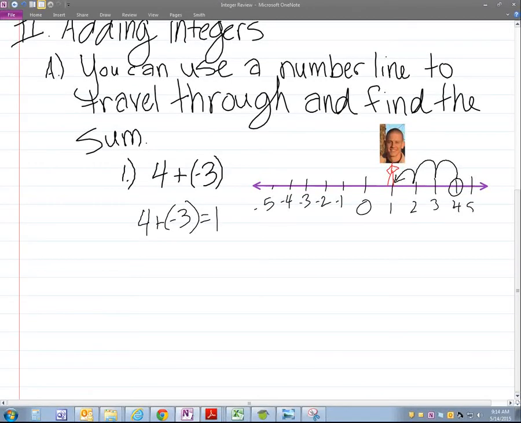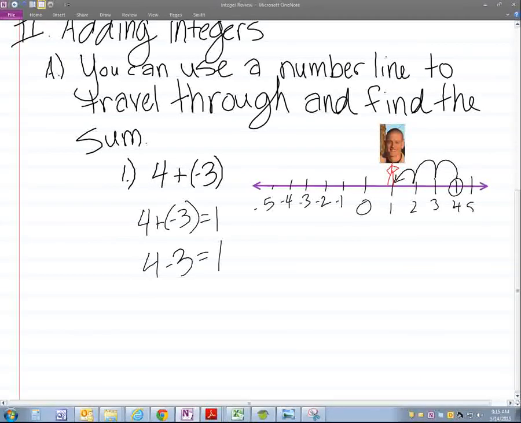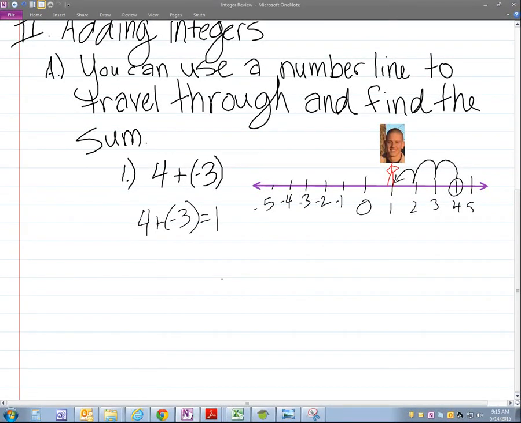Some students benefit from realizing that this actually just means this. But having a plus sign in the middle is a sure way to make sure that we will be going to the left, because a lot of my 7th graders struggle with the idea that -3 is -3.